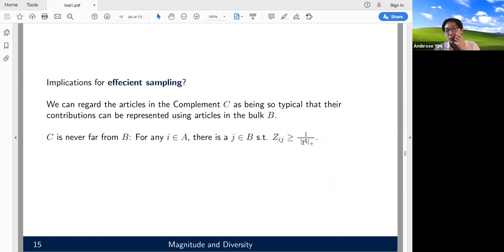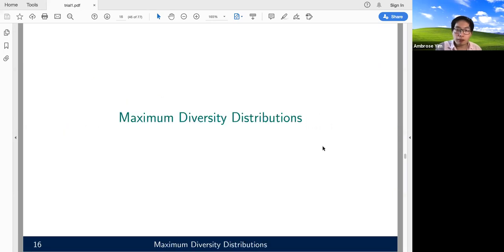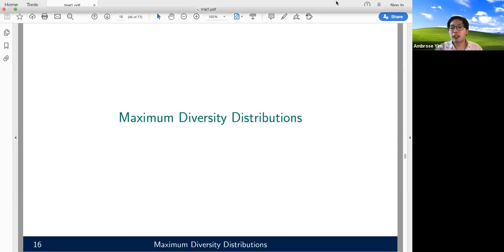And very interestingly, the similarity lower bound for that is the inverse of the size of the system.